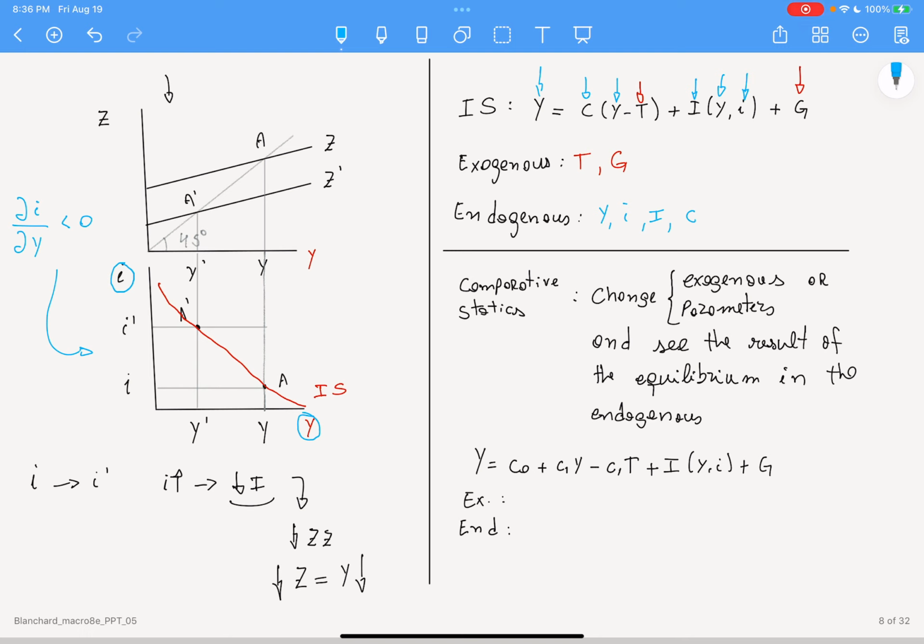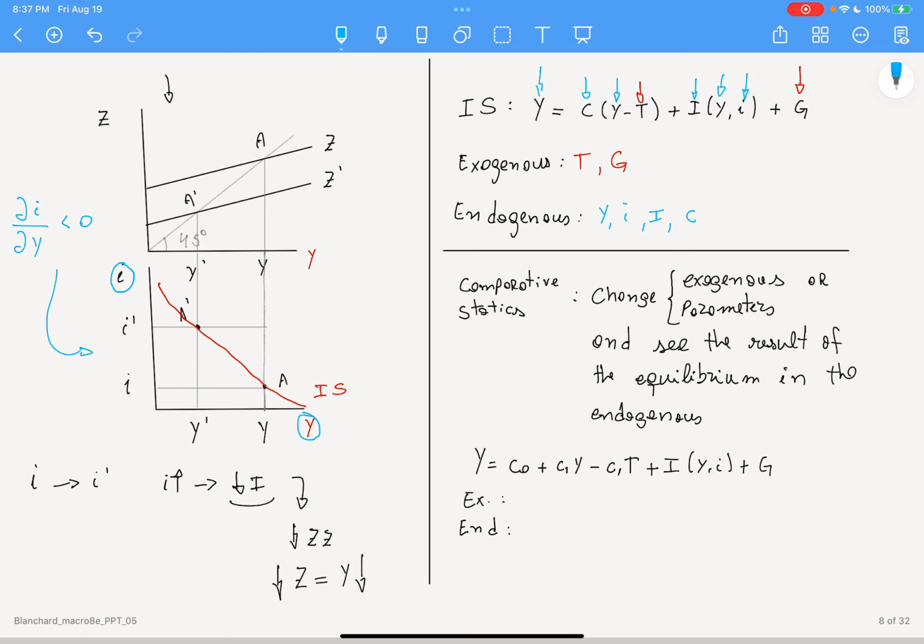And the government expenditure, which is something that comes from the outside. Someone gives us one number and says, okay, the government is spending X dollars, right? So in our model, T and G are exogenous and all the others are endogenous.